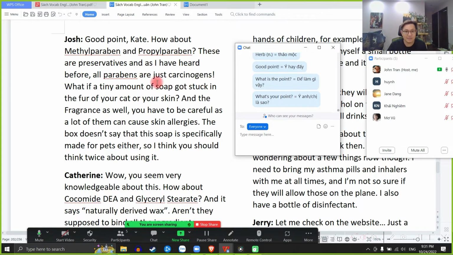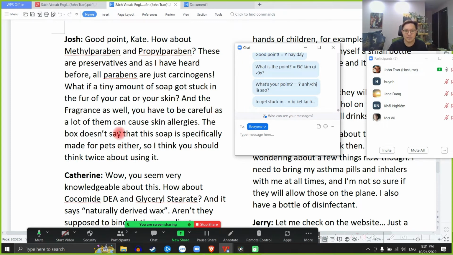What if a tiny amount of soap got stuck in the fur of your cat or your skin? And the fragrance as well.